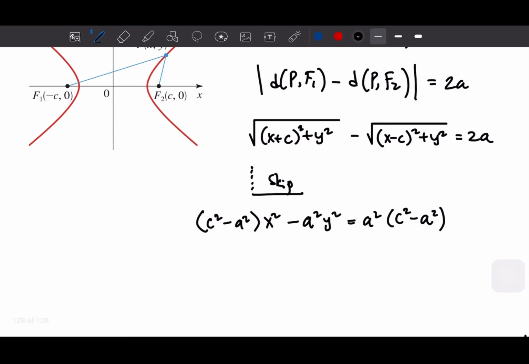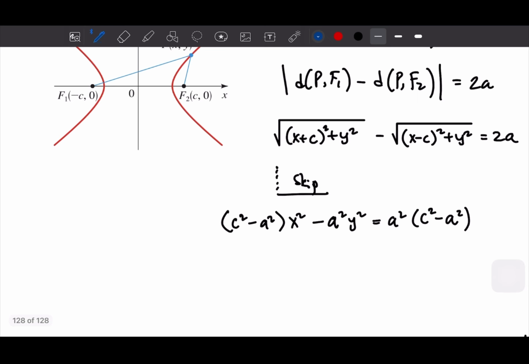And then we need to convince ourselves again that the difference is less than 2c.